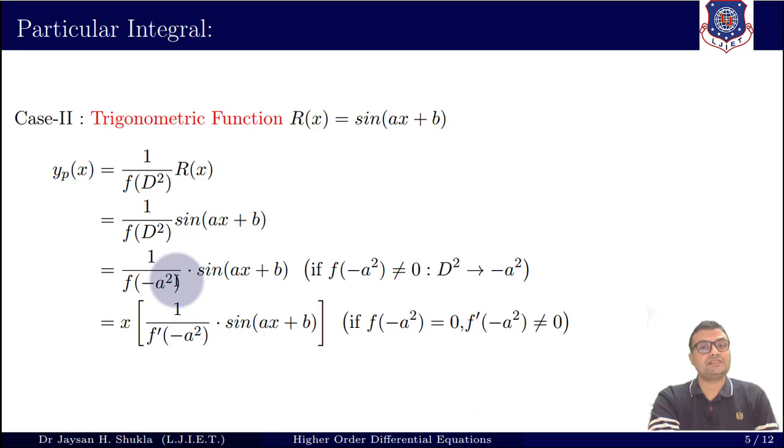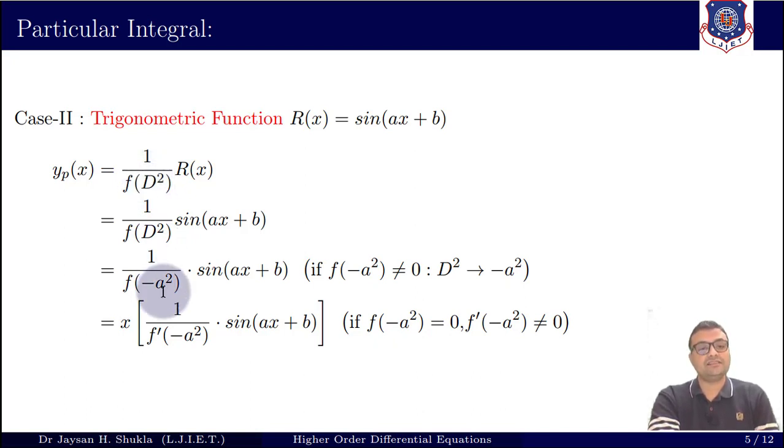If it is equal to 0, then we have to follow the same technique: multiply outside by x, take the derivative of this with respect to D square or with respect to D, and then replace everywhere D square by minus a square. Let me repeat once again. D square is replaced by minus a square.